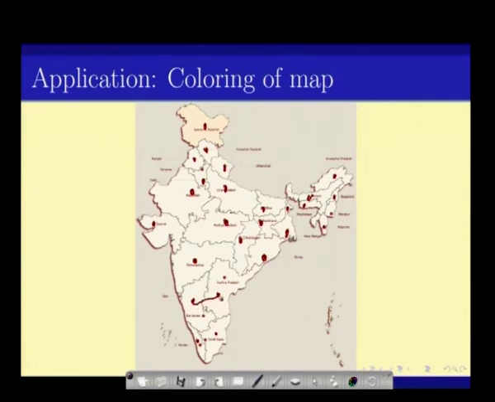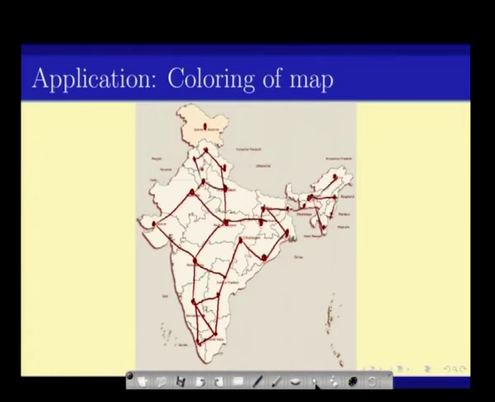It is basically saying that you cannot violate this edge. If Karnataka is colored something, Andhra Pradesh cannot be colored the same. Similarly, we draw edges between Andhra Pradesh and Tamil Nadu, Tamil Nadu and Kerala, Kerala and Andhra Pradesh, and we keep on drawing edges depending on whether they share a common boundary or not.